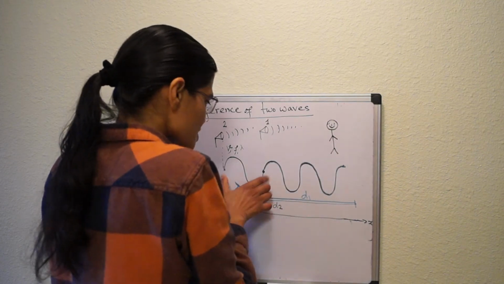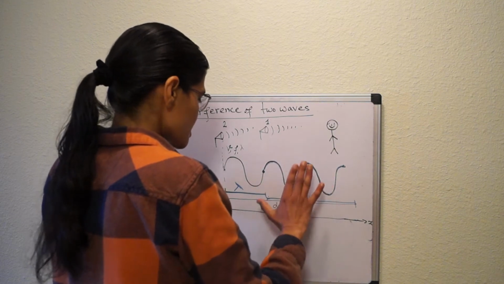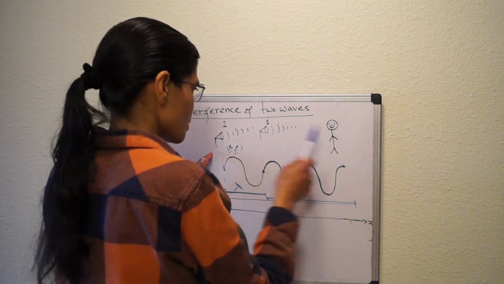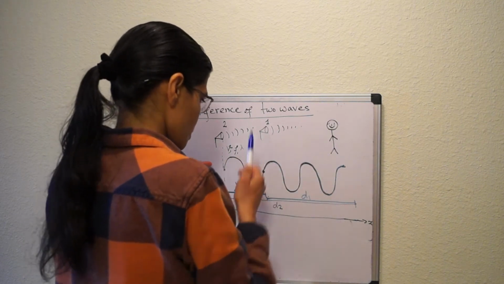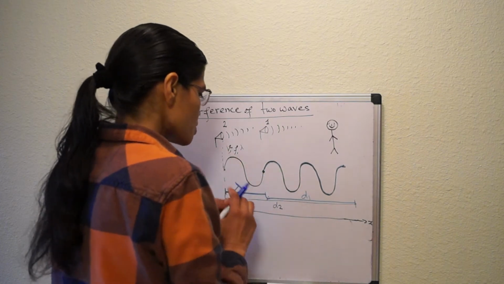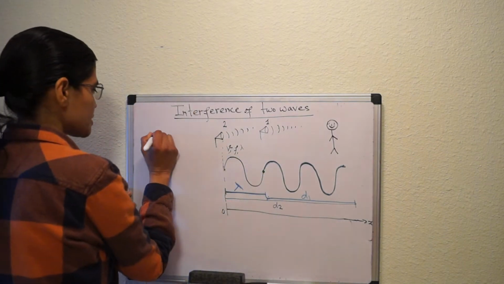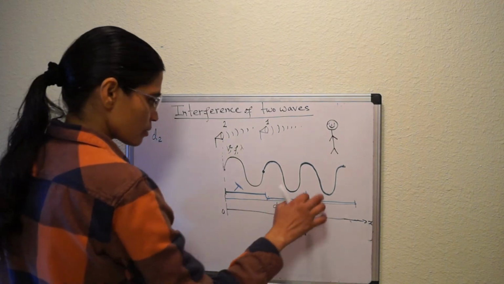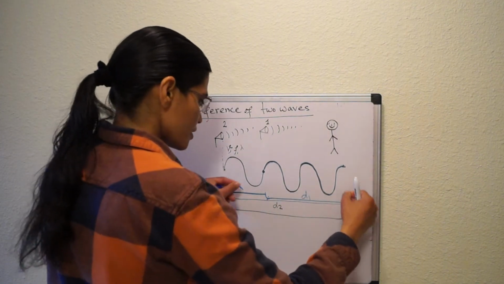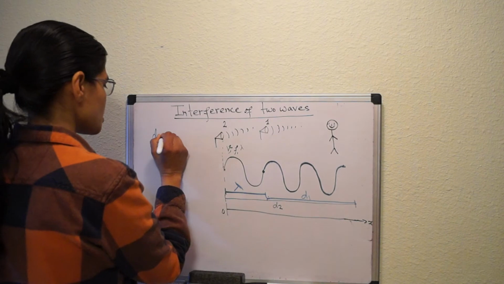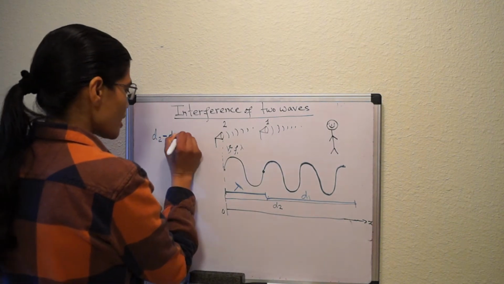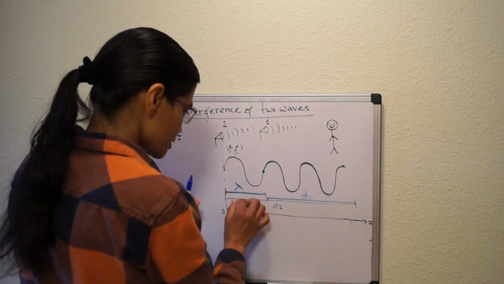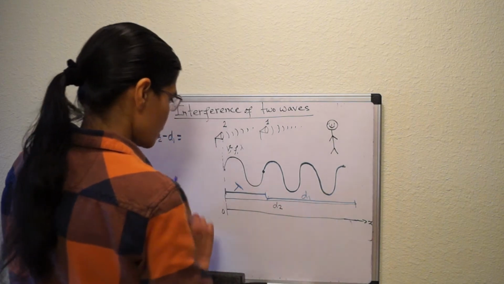So this difference is the difference between the distance from speaker 1 and the distance from speaker 2. D2 is bigger and D1 is smaller, so D2 minus D1. And we found that D2 minus D1 is actually lambda.